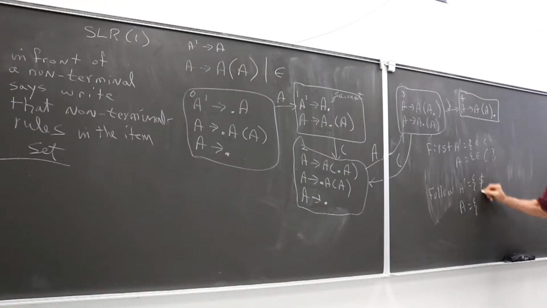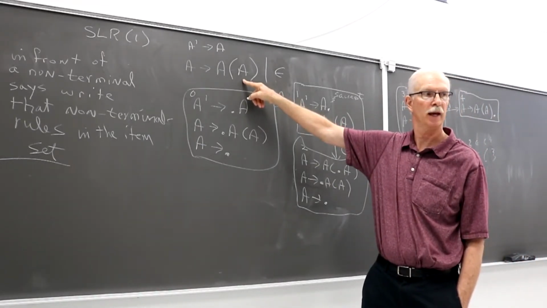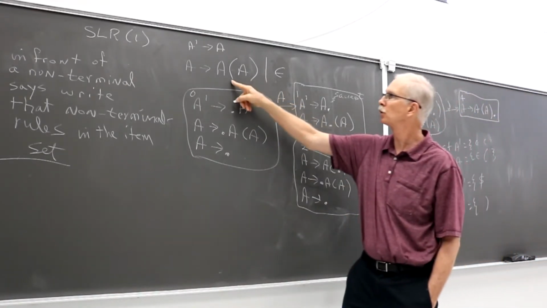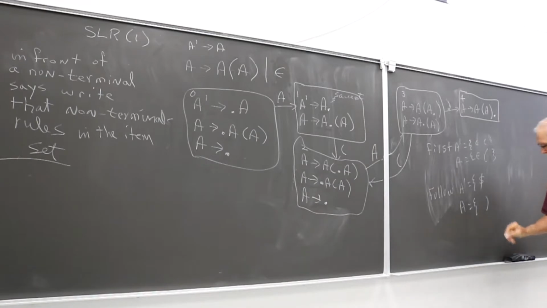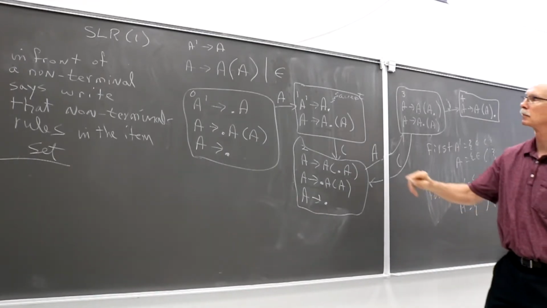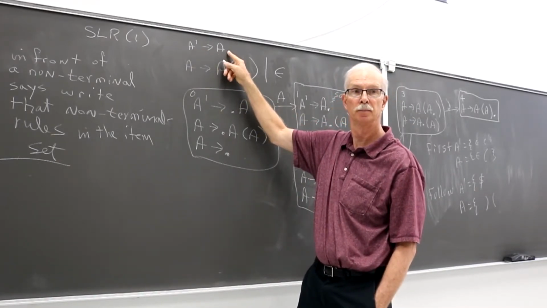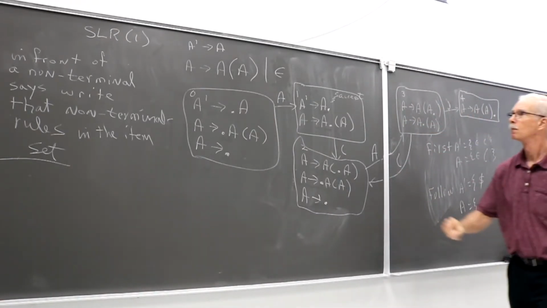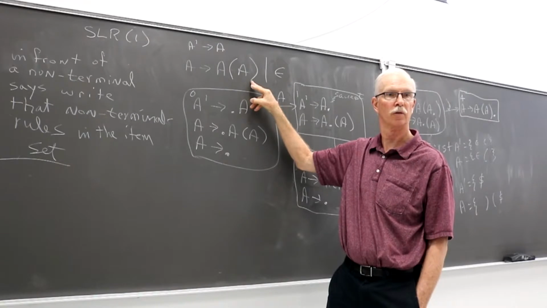Then we do follows. Dollar sign. Then we say the first of right paren is in the follow of A. The first of left paren is in the follow of A. The follow of A prime is in the follow of A. I can't do the follow of A into this.